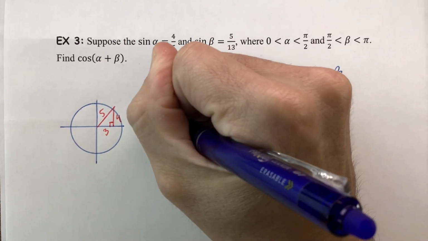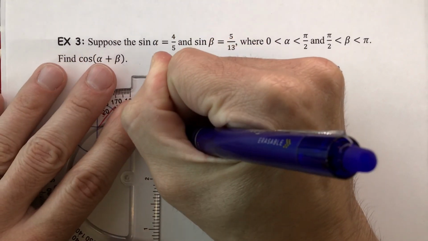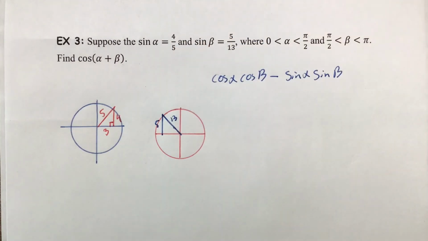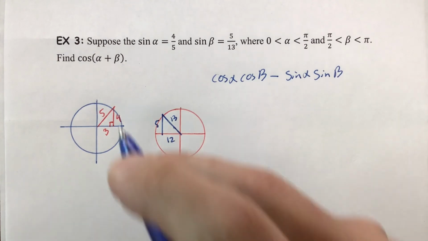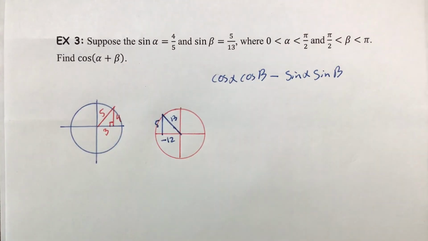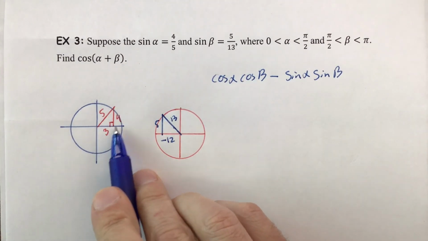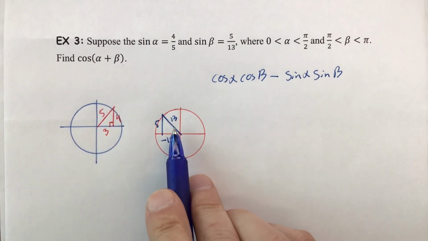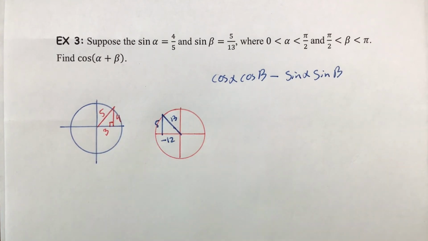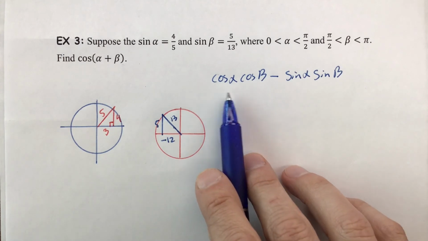So this is 13, and this would be a 5. Of course, this is a Pythagorean triple as well. This length here would be 12. However, this is in quadrant 2, which means that it is actually negative 12. These will all be positive in quadrant 1, but in quadrant 2, you're going to have a negative x value.